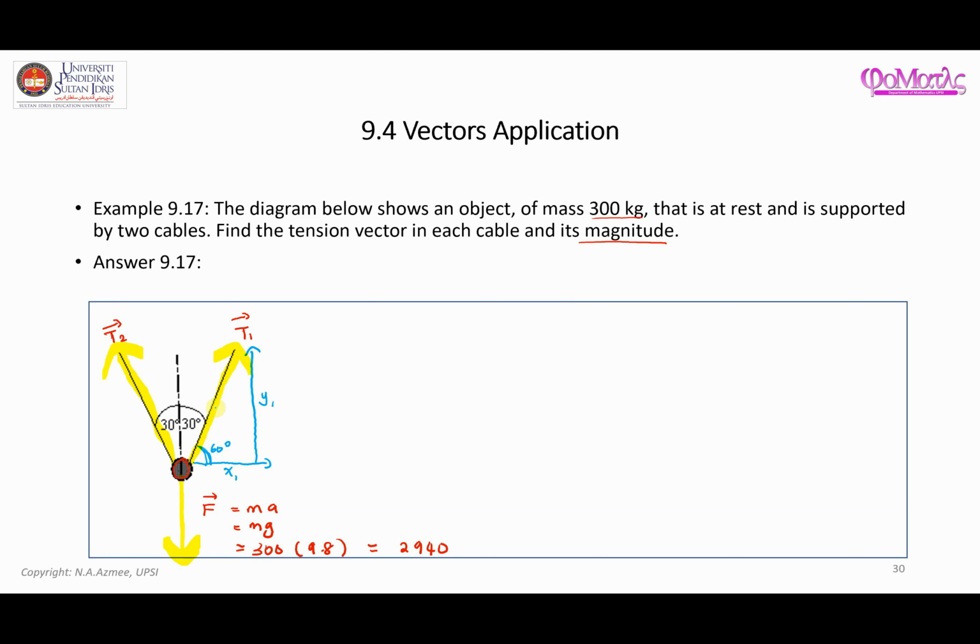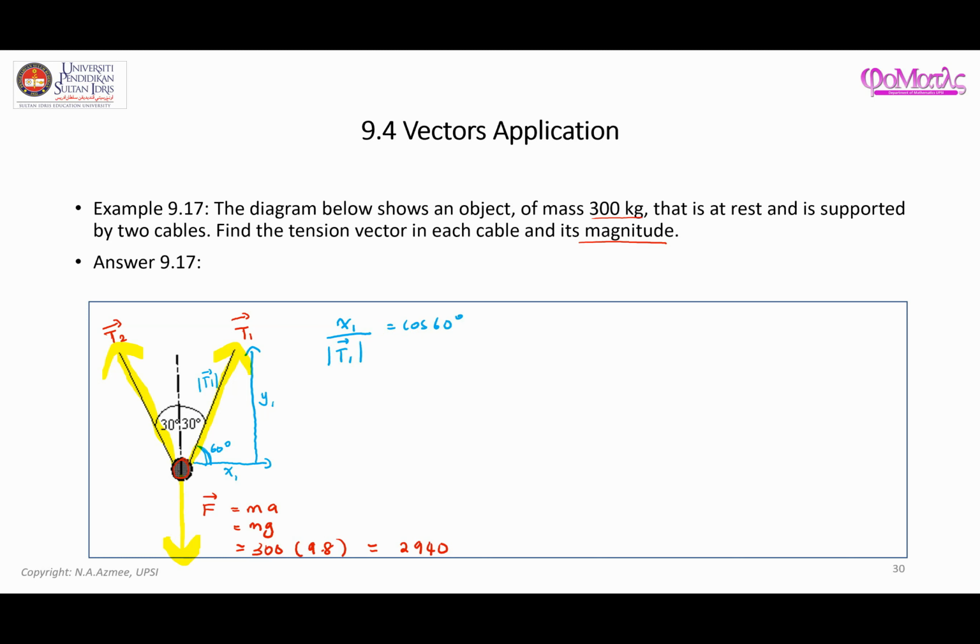We don't know the magnitude of this vector, but we can call it t1. The magnitude is the absolute value of vector t1, and based on that we can come up with an equation. The equation is x1 over the magnitude of vector t1 is equal to cos 60 degrees.